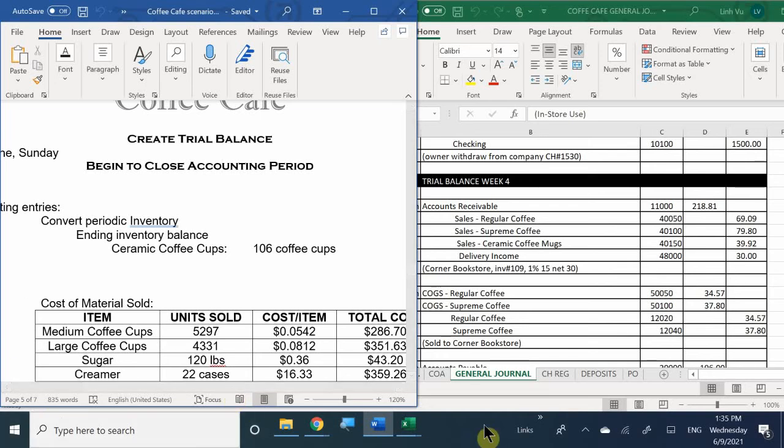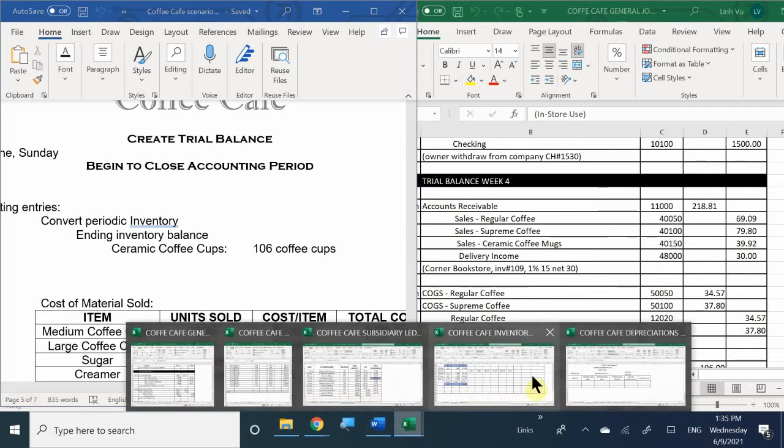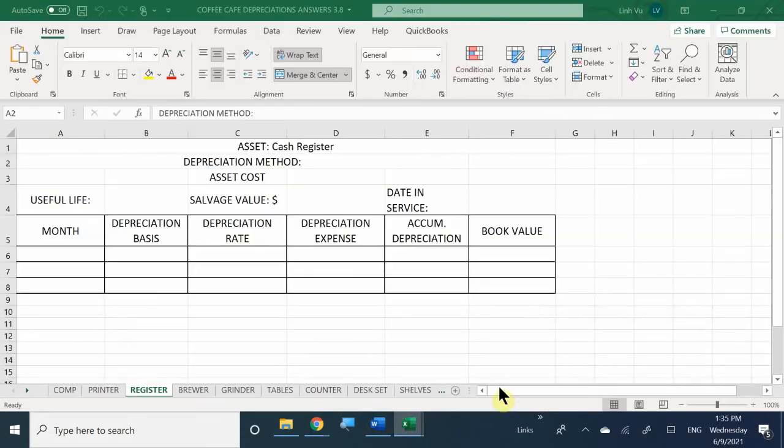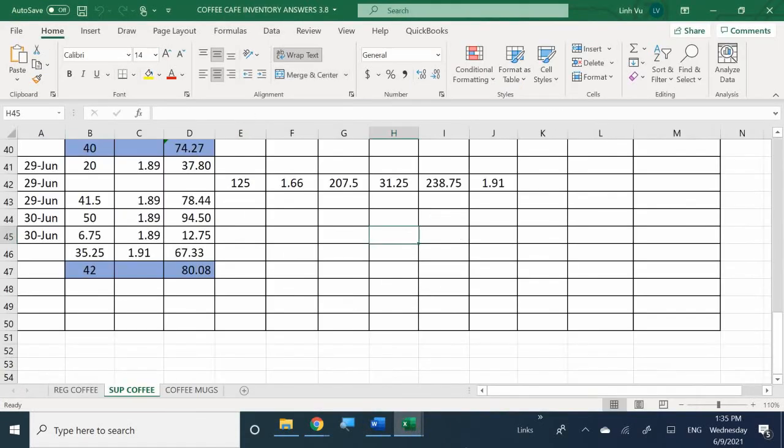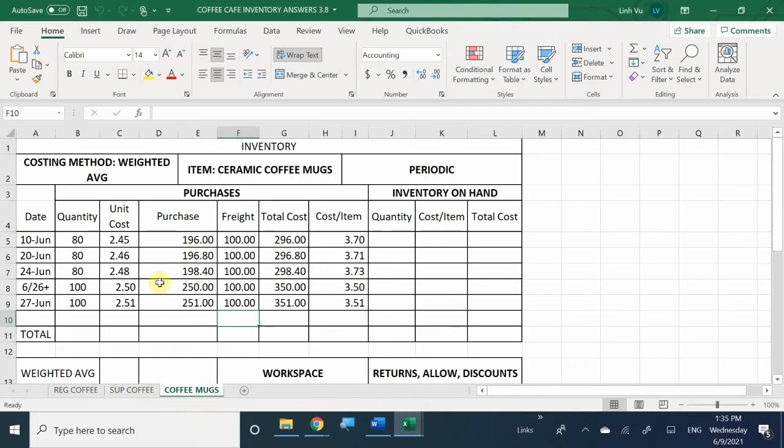So let's head on to our inventory worksheet. There you go. And we're going to go to periodic, our coffee mugs. So how do we figure this out? We're going to total it all up.